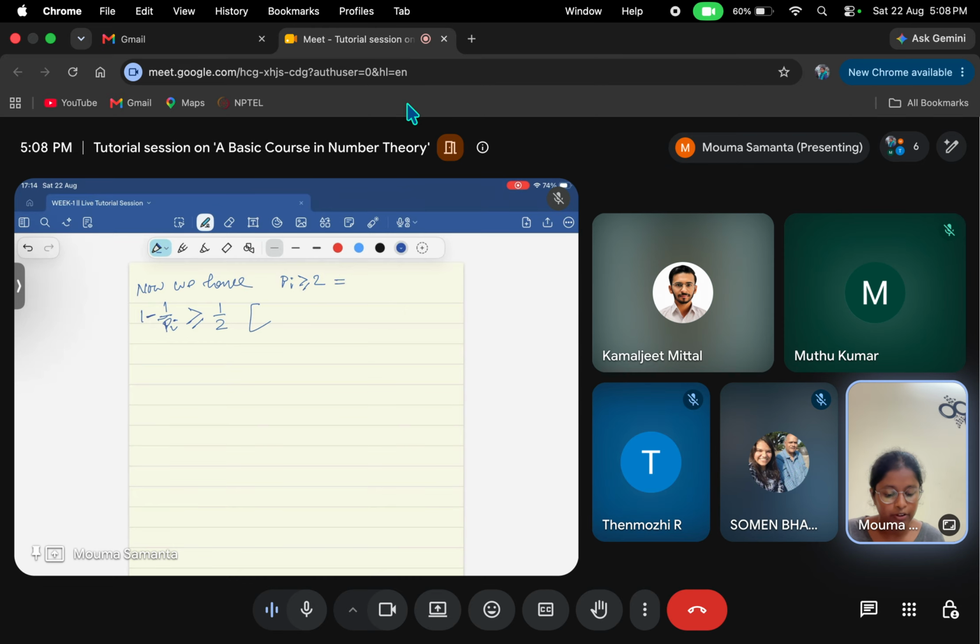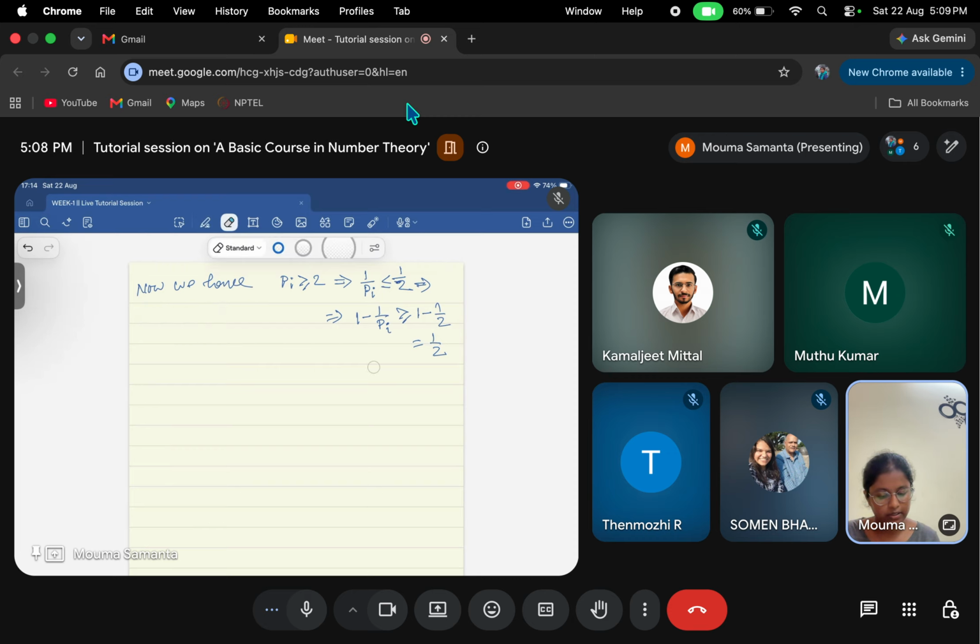Yes. So that will imply 1 upon p_i is less than or equal to 1 by 2. That means if you take minus, it will give you 1 minus 1 by p_i greater than or equal to 1 minus 1 by 2, that is half. Thus we have this for all i equals to 1 up to r.